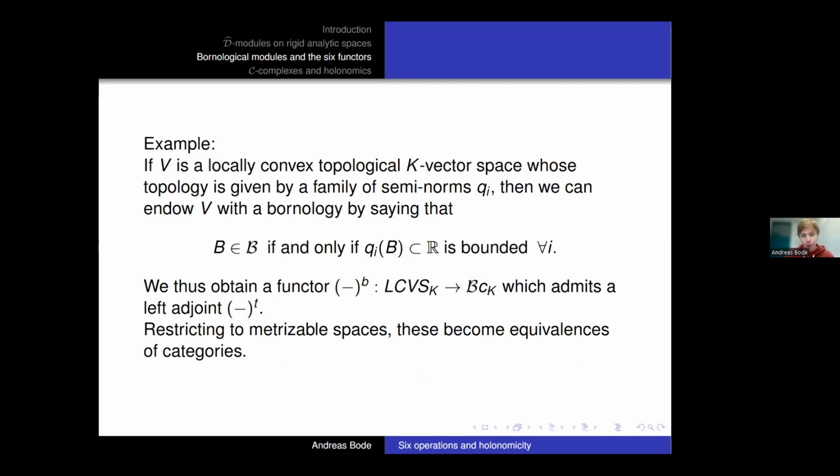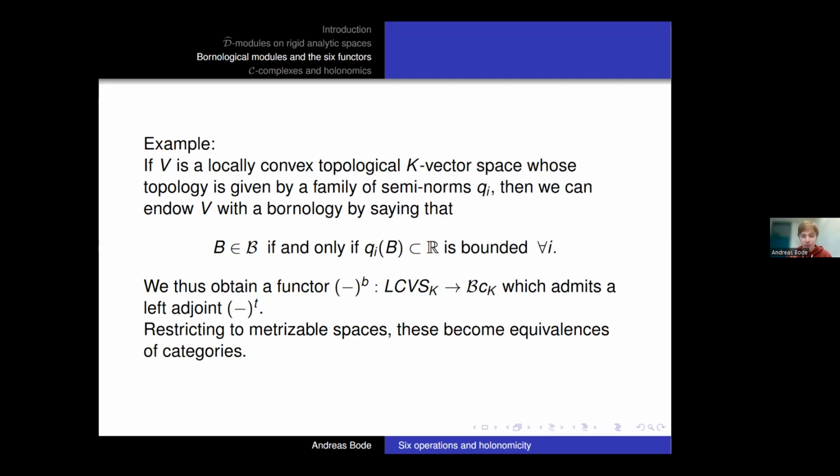Okay. So to come back to the topological perspective, if you have something, say, a Banach space, or more generally something that's endowed with a family of seminorms, there's a natural way to turn this into a bornological vector space in the obvious way, right? Something is bounded if it's bounded with respect to that seminorm. So if I have a family of seminorms, I just say it's a bounded set if and only if the corresponding image in R is bounded for each seminorm. So in this way, I can take locally convex topological vector spaces and bornologify them. Okay, so there's a functor of bornologification, and there's also a left adjoint going the other way to topologize things again.